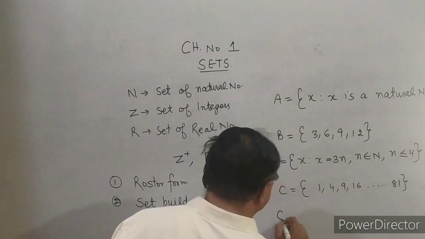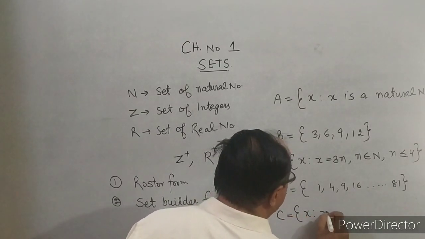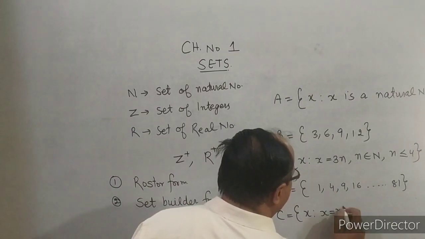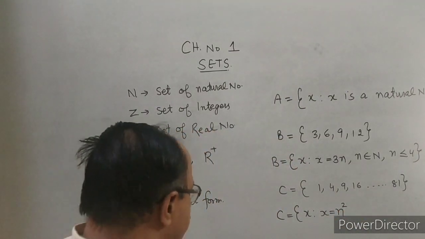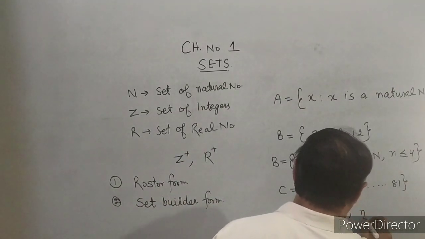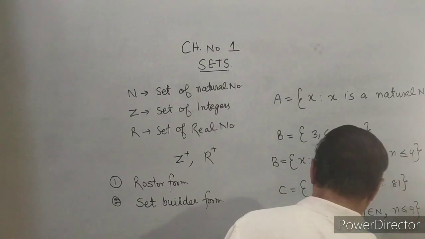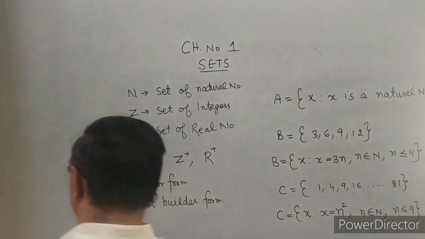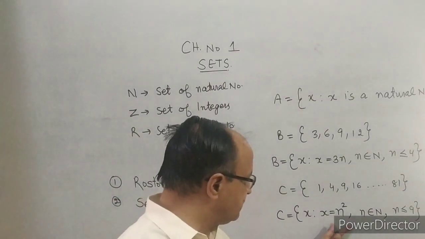You can write the set of all x such that x is equal to n squared, where n belongs to natural numbers and n is less than or equal to 9. Right? This is set builder form.